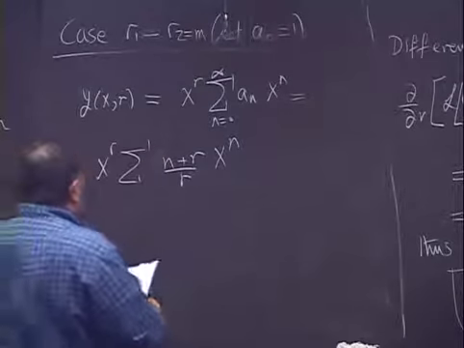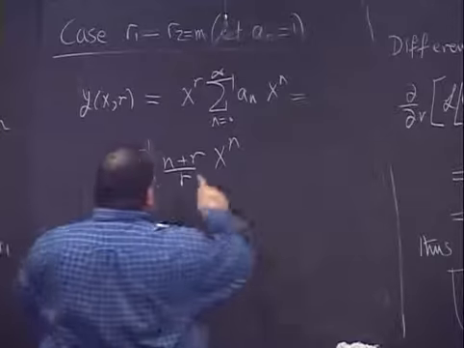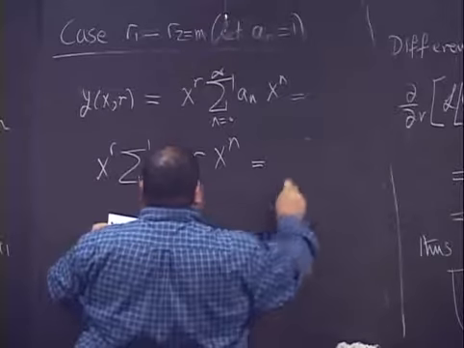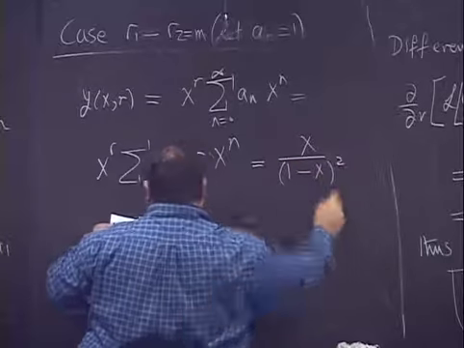So we have one solution, which is this one. If you just run it over, you will obtain x over (1 minus x) all squared.